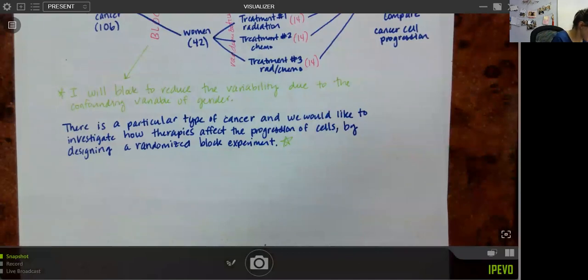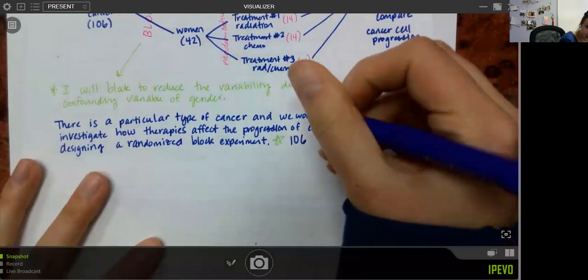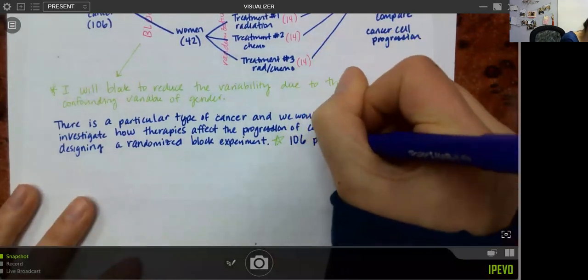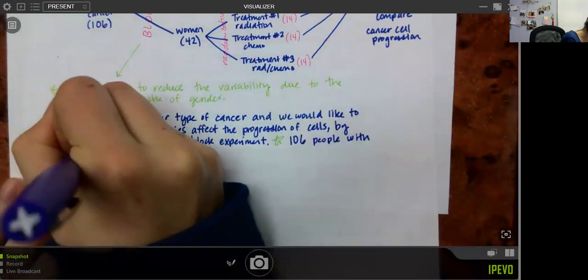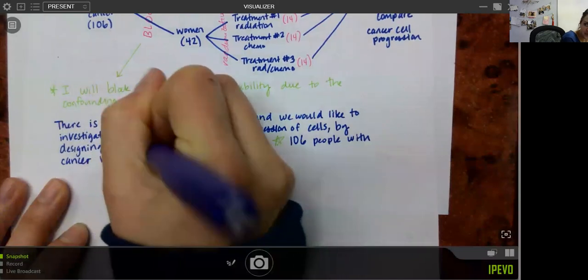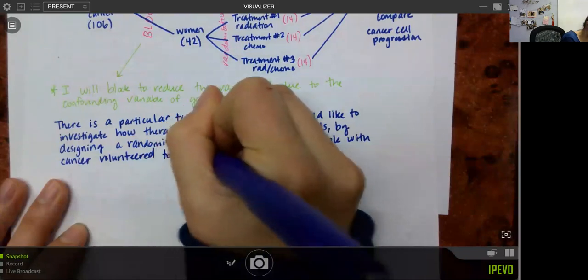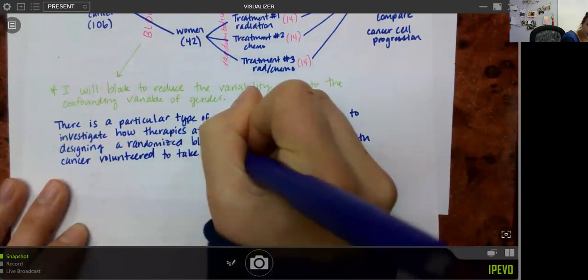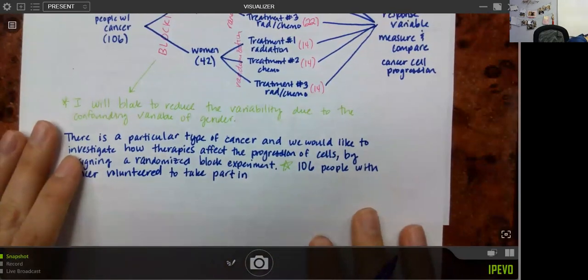Okay. Now let's talk about the volunteers. So we have 106 volunteers. So 106 people with cancer volunteered to take part, and let's see, did they say anything here?